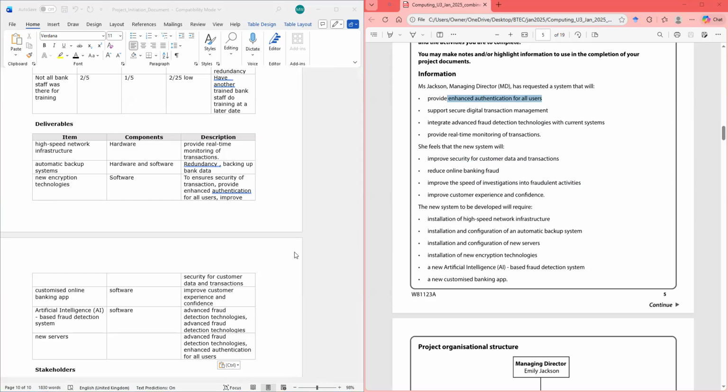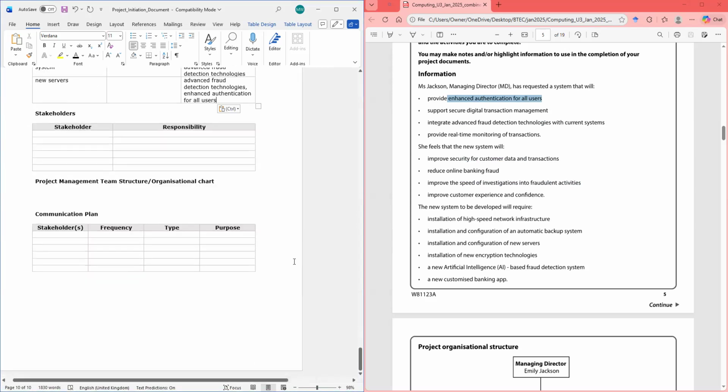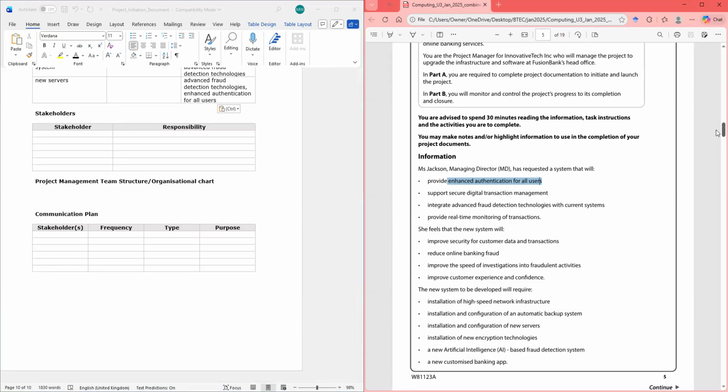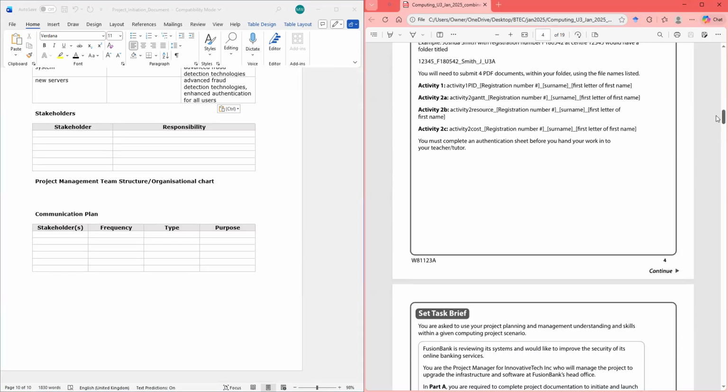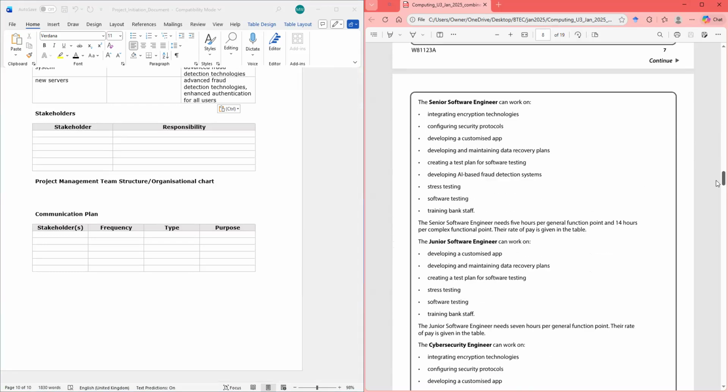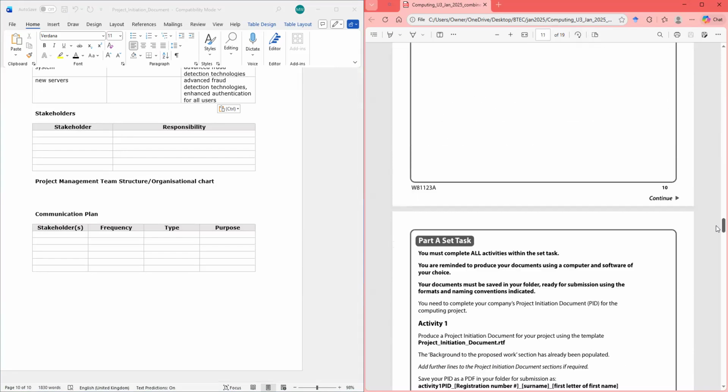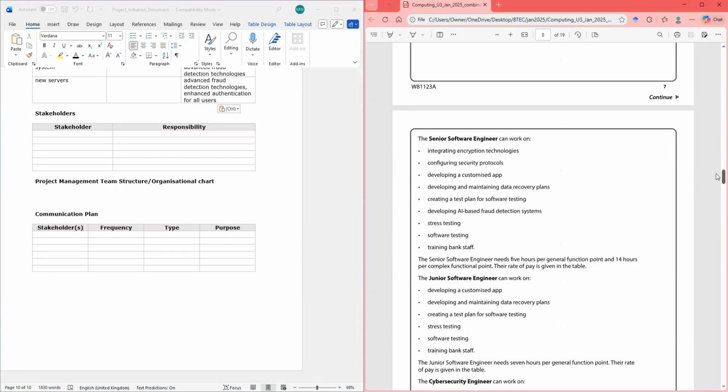All right, stakeholders. Who are our stakeholders? Very simple. Our stakeholders would be on the structure. Let's just do the structure base from now. Let's do that quickly.